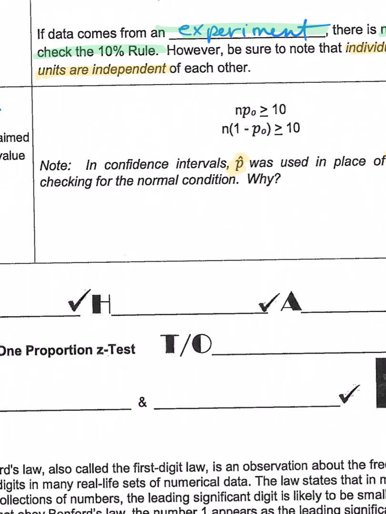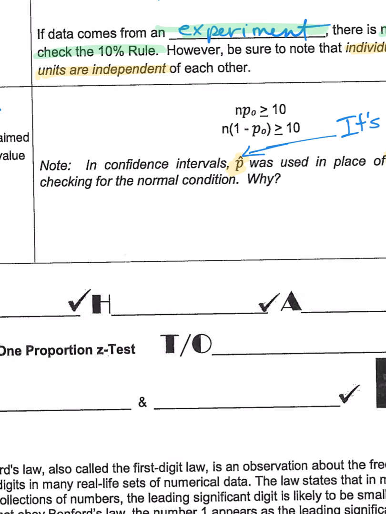All right. Now, why are we using p naught instead of p hat? Why did we use p hat in confidence intervals? It's all we have. Did we have p? No, we were trying to estimate p.